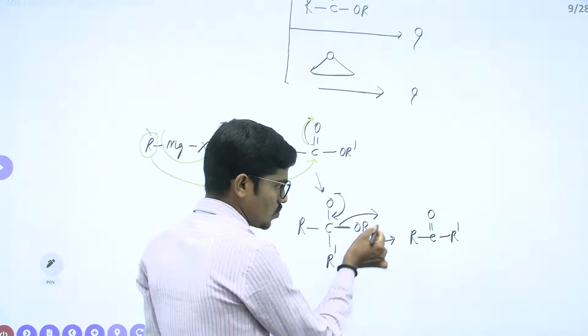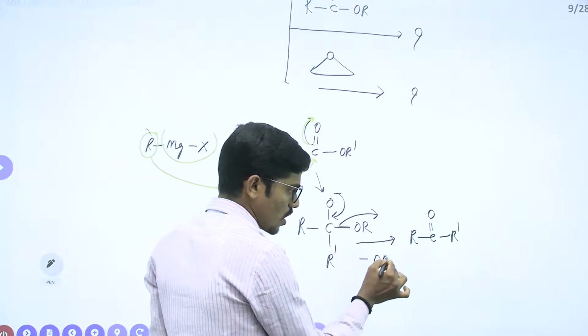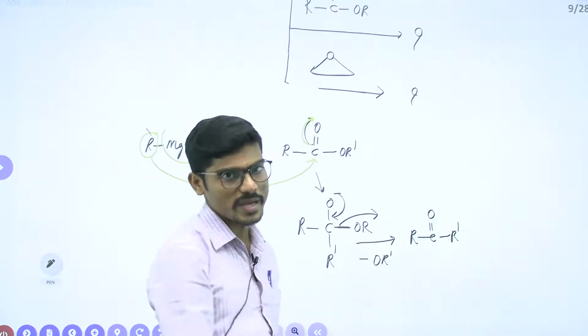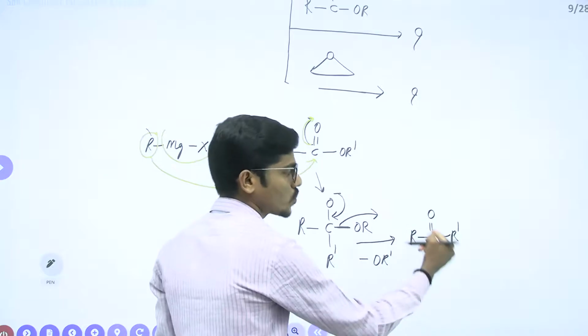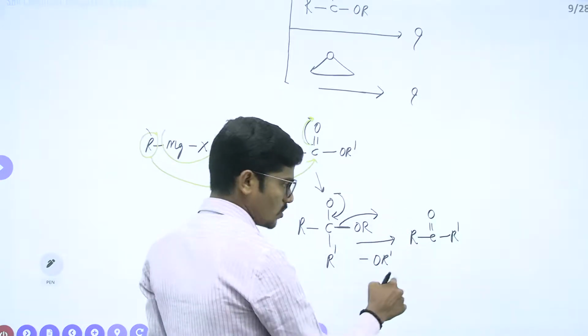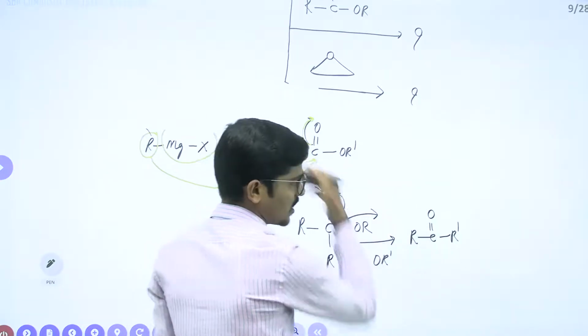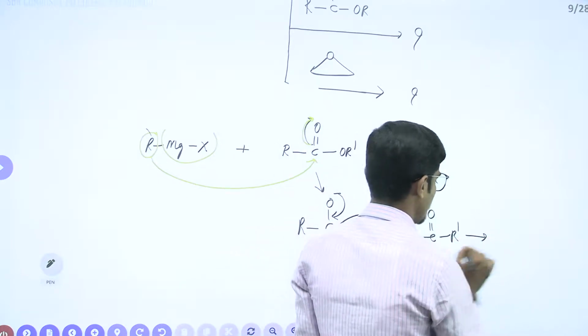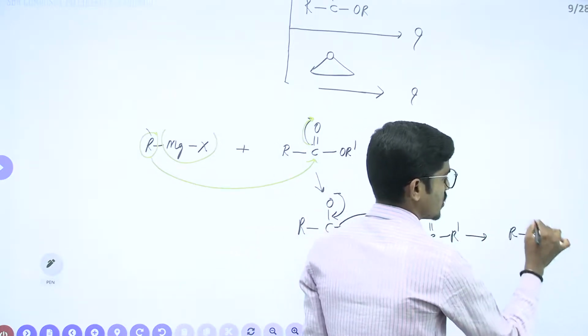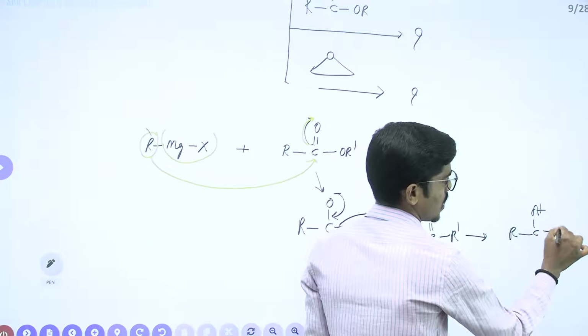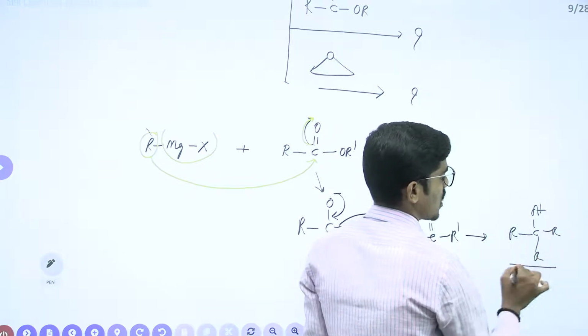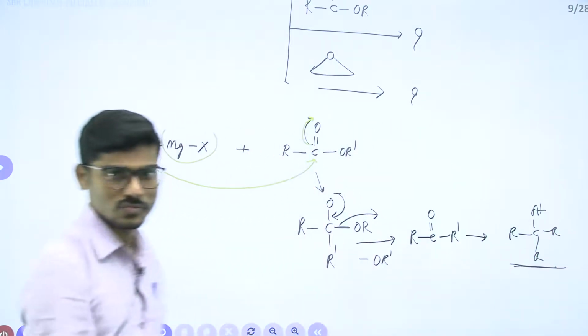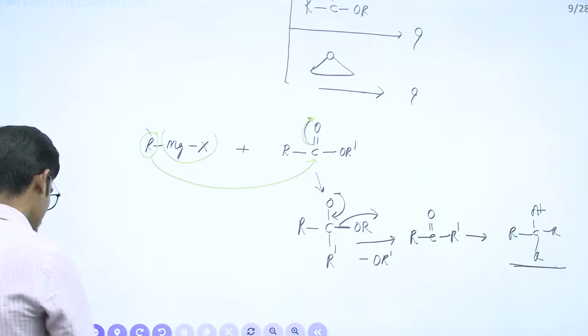So the alkoxy group, OR minus, is eliminated first and it gives rise to a ketone. When the ketone forms, in the presence of excess Grignard reagent, you can predict the product. It is a tertiary alcohol, OH, R and R. Hope it is clear.